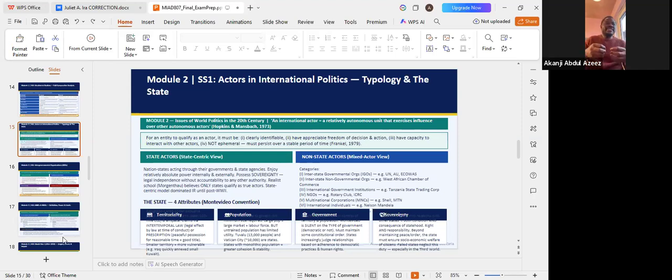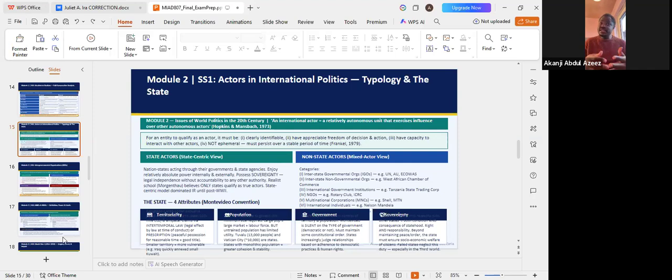So in essence, a state actor is a sovereign country recognized by international law with defined territory, population, government, and capacity to go into diplomatic relation.